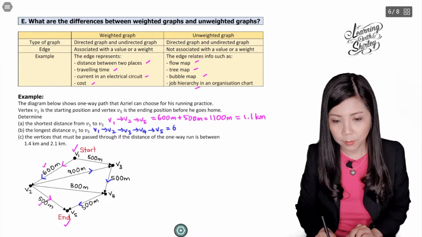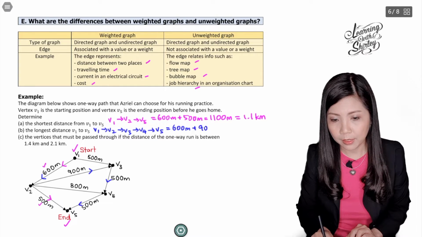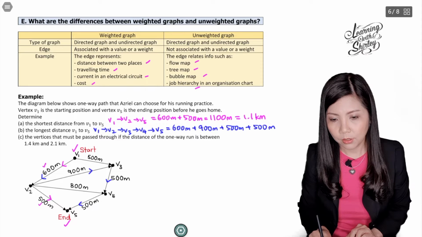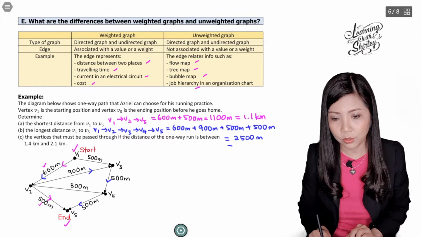So it will be 600 meters plus 900 meters plus 500 meters and plus 500 meters. So total is 2,500 meters. And then we convert to kilometer, it becomes 2.5 km.